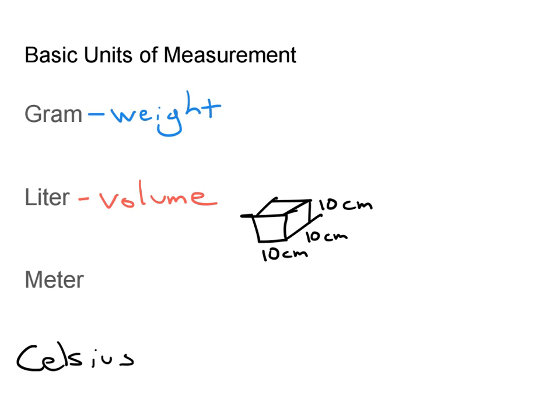How do we measure lengths? Well, centimeters, the base of that is the meter, which is how we measure length. Now, this one has been defined in a lot of different ways. The very first way the meter was defined, it was supposed to be that the distance from the equator to the North Pole was 10 million meters.